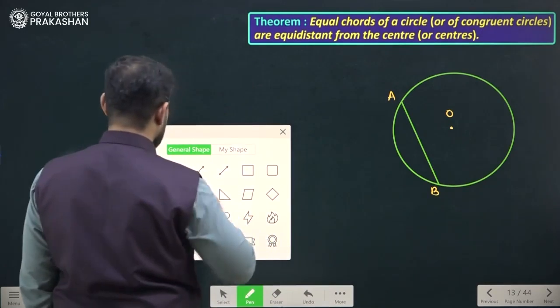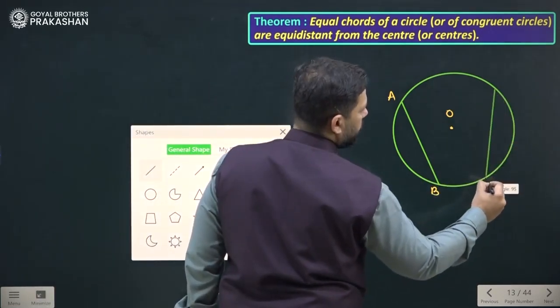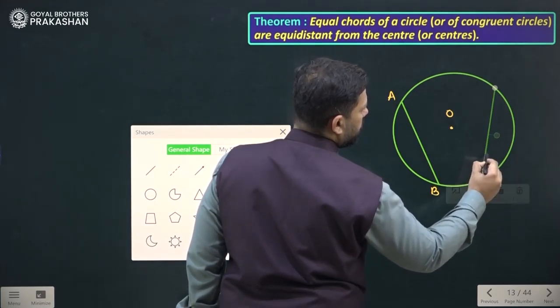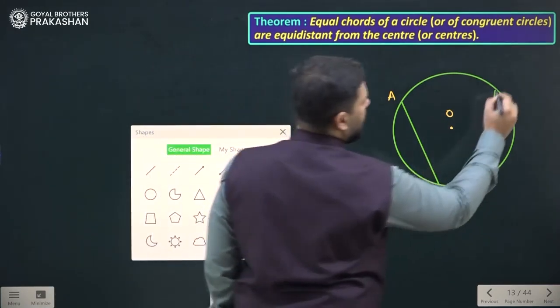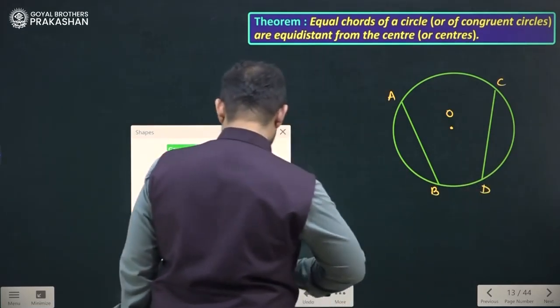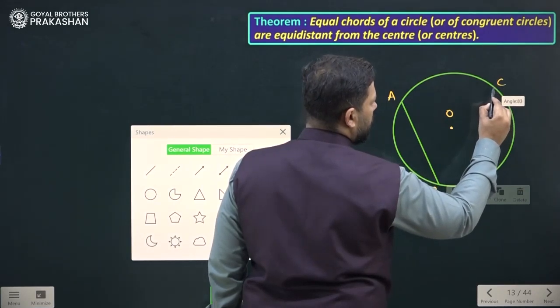And then we have the second chord, we will name it as CD. Right? So these are the two chords which are already given to us to be equal to each other.